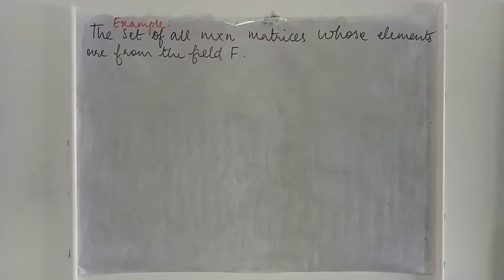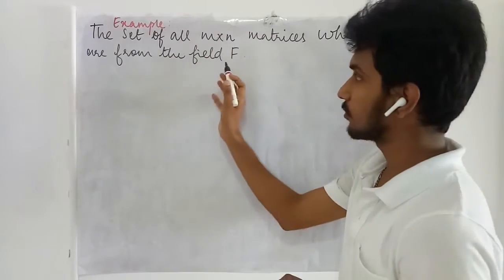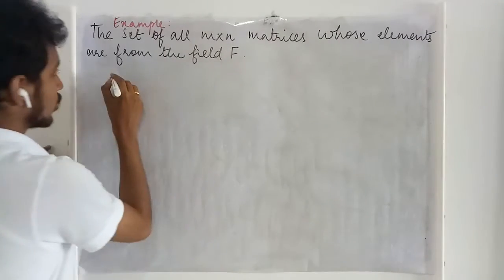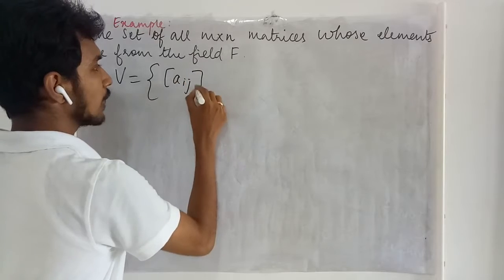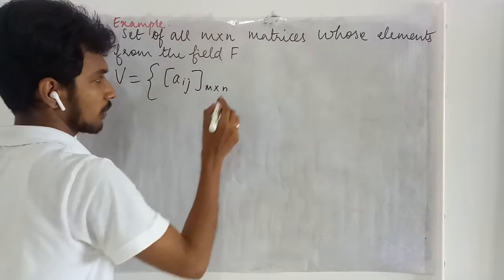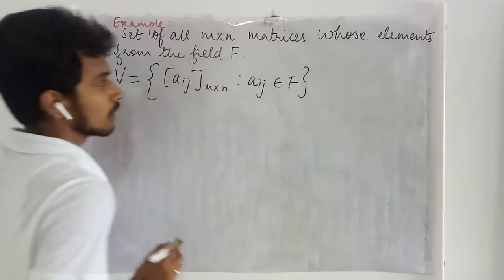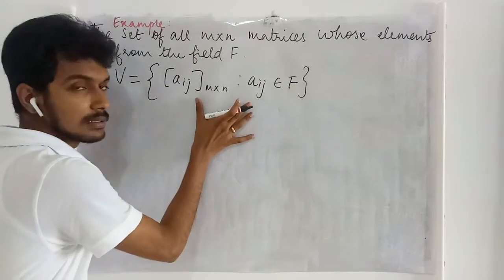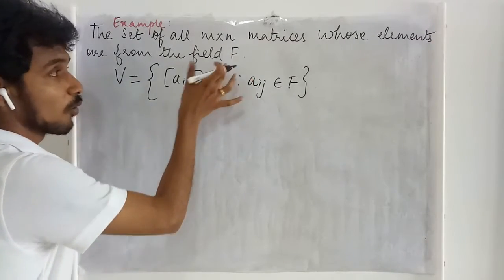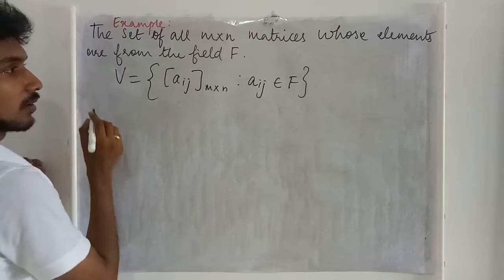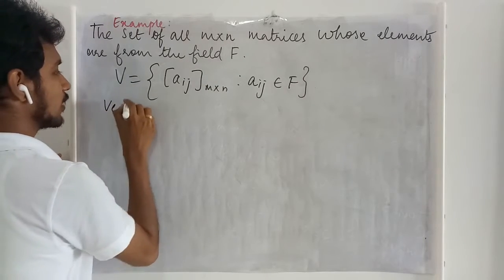Next, we are going to consider the set of all m cross n matrices whose elements are taken from the field F. So, here V is the set of matrices of order m cross n, where each entry is taken from F. We have to prove this is a vector space over the field F. For which, what is the vector addition defined here?